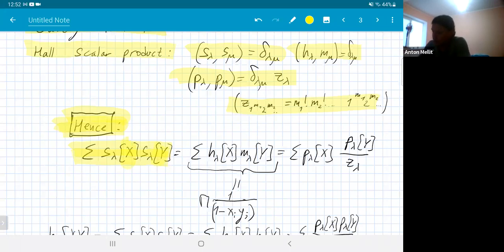For Schurs, you just take the sum of s lambda s lambda. For h and m, you write this sum. For p, you write this sum.